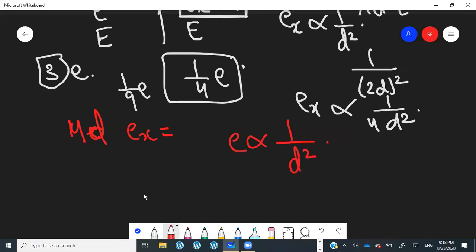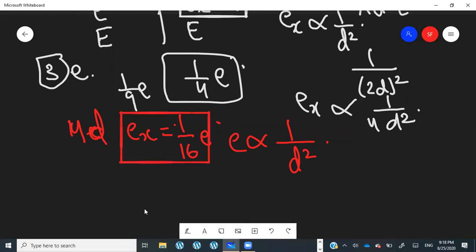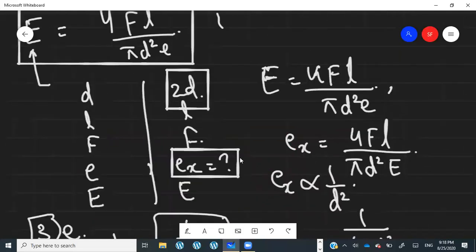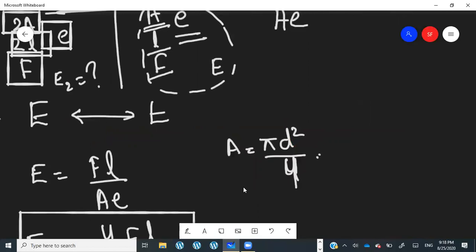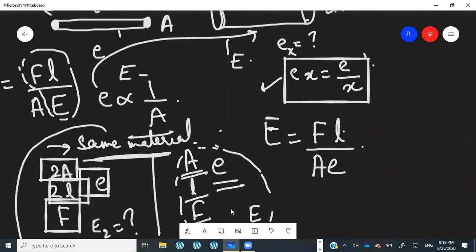Will it decrease by 4 times? Oh, 16. It will become 1 upon 16 of the original extension. Get it? Yep. All right. What if the diameter increased by 5 times? What will the new value of extension be? 25. 1 over 25 E. Okay, clear.